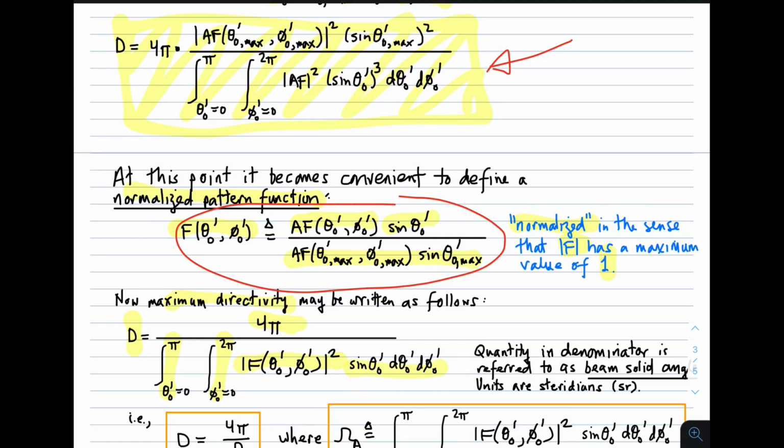Again, the value in the denominator is a constant, and we refer to this constant by a special name. We refer to this constant as the beam solid angle. You can see from dimensional analysis that the beam solid angle has units of steradians, that is solid angle, hence the name.